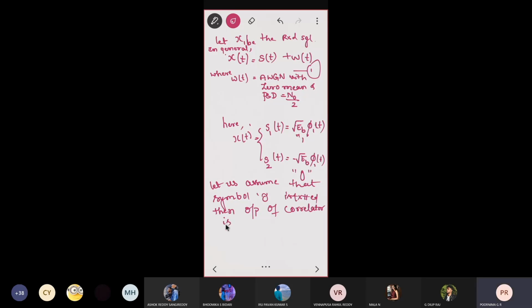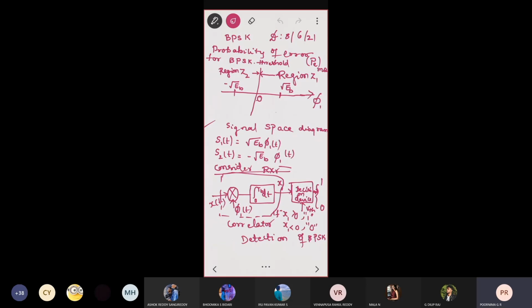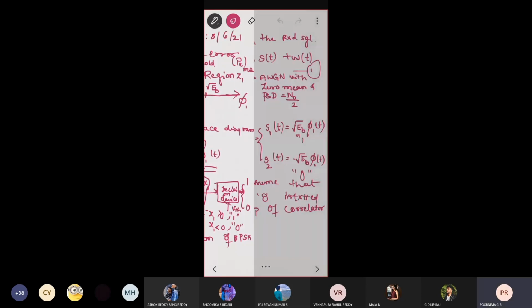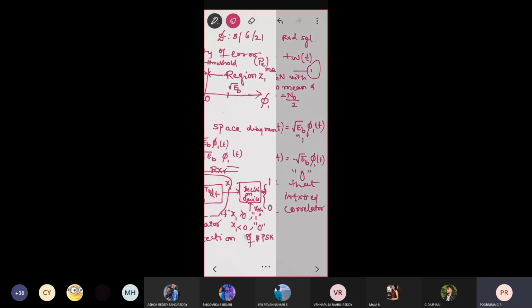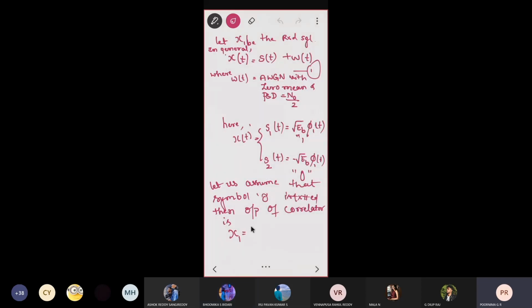Yes, students, from this diagram, how do you represent the output of the correlator? Output of correlator is x1, that is equal to, can you tell me the expression? The correlator consists of which two blocks from this diagram? Multiplier and integrator.